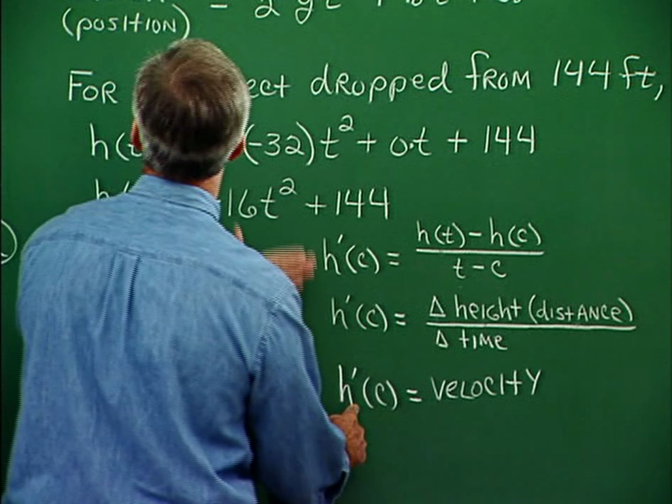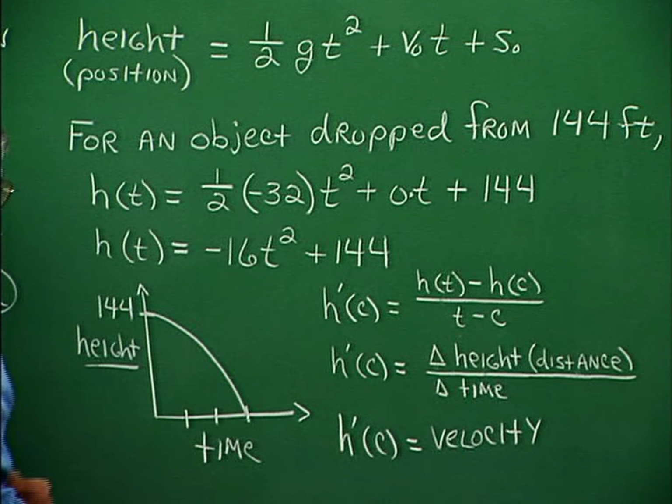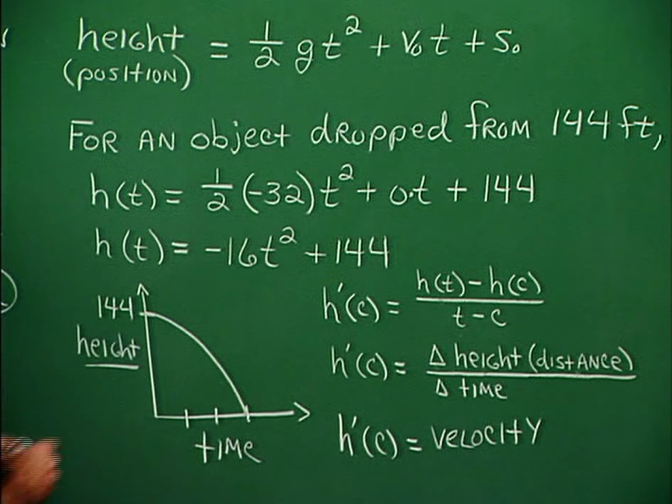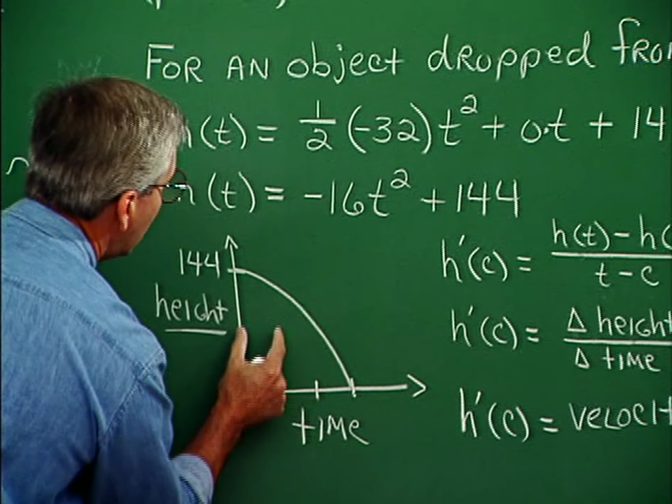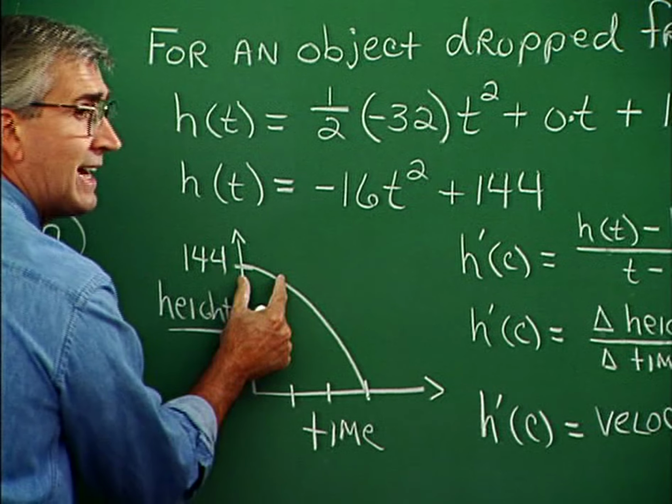Now, let's stay with our problem here just a little bit and think about a couple of matters associated with it. Instead of velocity at a particular point, let's talk first about average velocity along an interval. We can think about the interval from 0 to 1. In this interval, what's the average velocity?